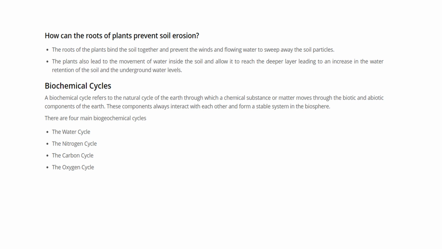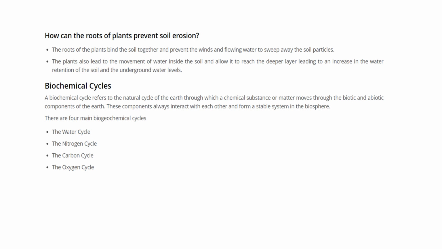Also, plants lead to the movement of water inside the soil and allow it to reach the deeper layers. This will increase the water retention property of the soil, and underground water levels also keep increasing because plants are there. So that is one of the things.